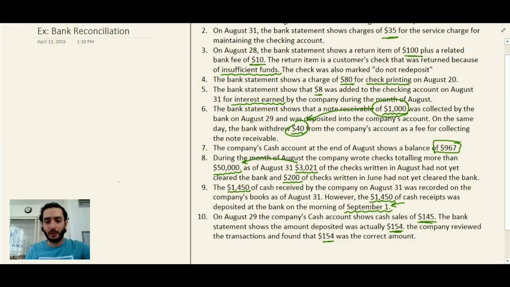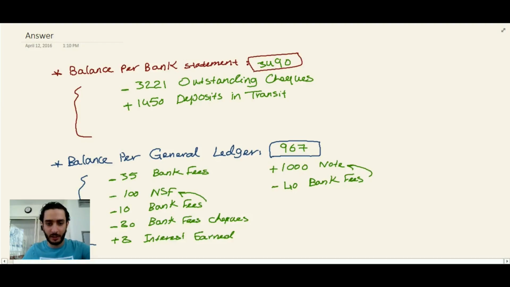We made an error when we recorded these cash sales and assumed that it's $145, but actually it's $154. So there's a $9 recording error, so we have to increase the number we have recorded by 9. So here I have 9 of recording error.